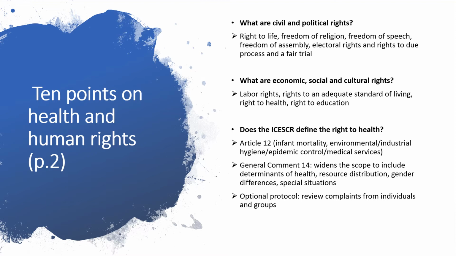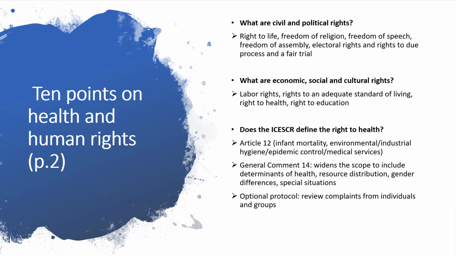But in the late 1980s, 1990s, there was a General Comment 14 that was added, which widens the scope to include determinants of health, resource distribution, gender differences, and special situations, because the group of advocates around economic, social, and cultural rights felt that Article 12 had become insufficient, and the areas of health and the threats to health had evolved to such an extent that it required a special comment.